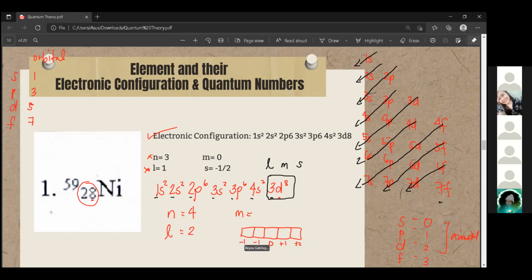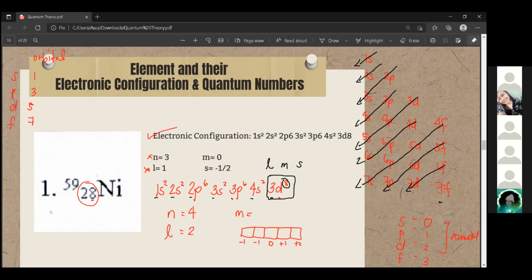And then, to determine the magnetic quantum number, i-fill in natin itong 8 na electrons sa bawat orbital. According kay Hund's rule, the electrons will be filled singly first before pairing up. Isa-isa muna bawat orbital before mo sila i-pair.